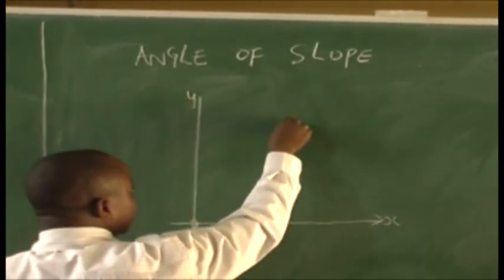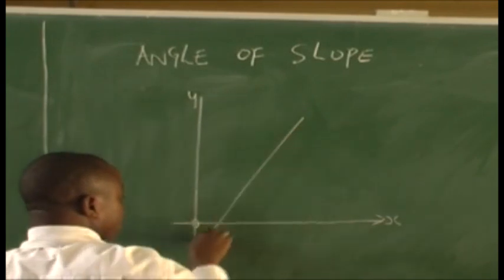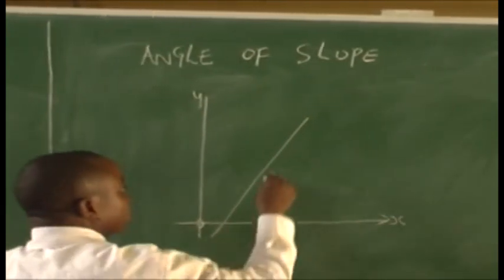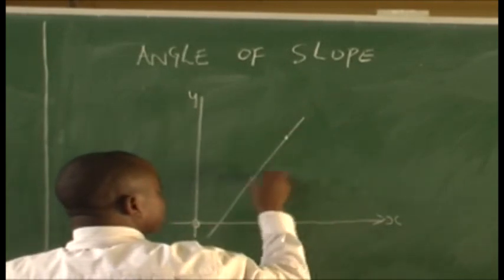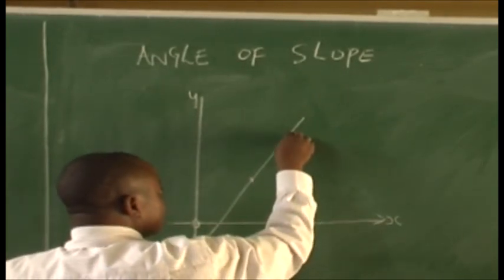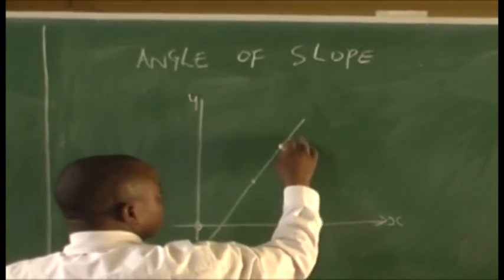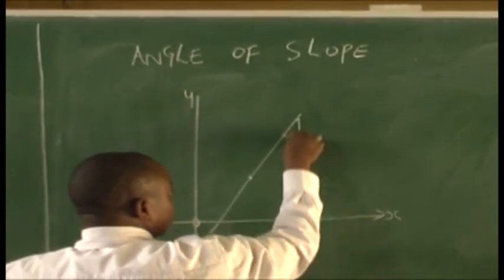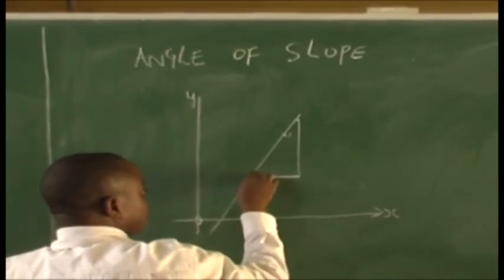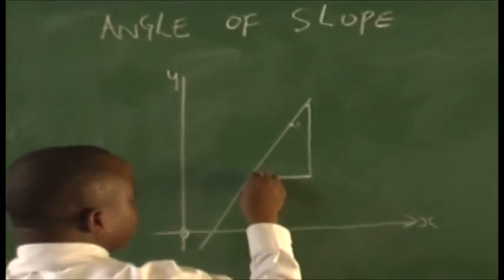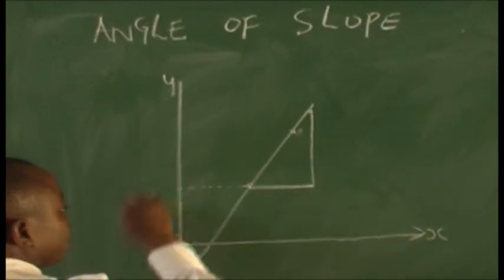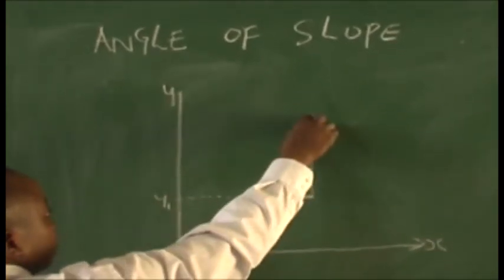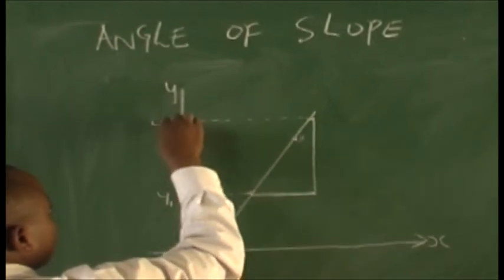Suppose we have a line, and we know that for any 2 points in this line, we can take the gradients, which this line corresponds to y1, and we know that this one corresponds to y2.